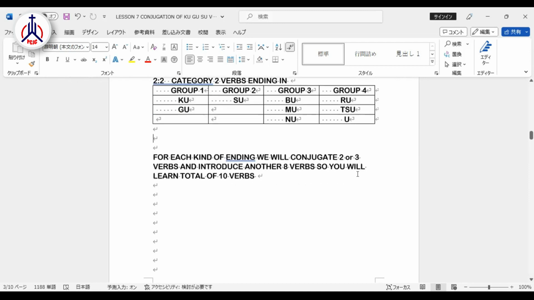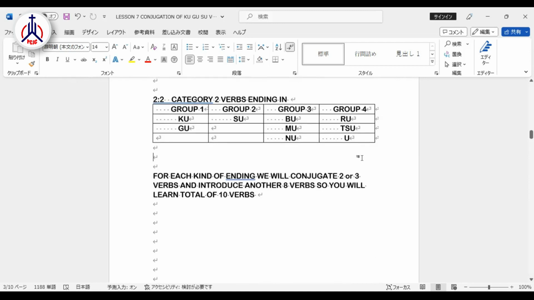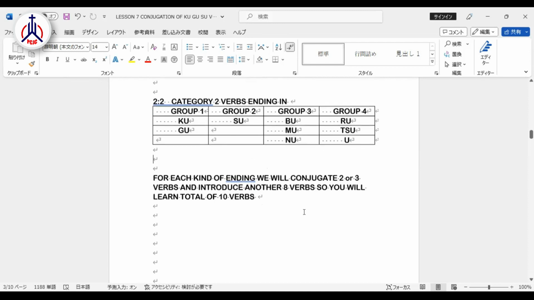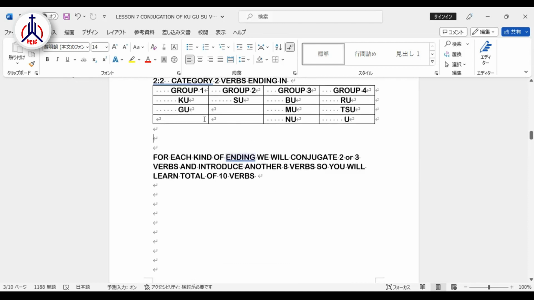Okay. So today we're going to conjugate. I hope we can finish group 1 and group 2, these 3. For each verb ending, we're going to conjugate at least 2 or 3 verbs, and then I'm going to introduce another 8 verbs, so you will learn a total of 10 verbs each.